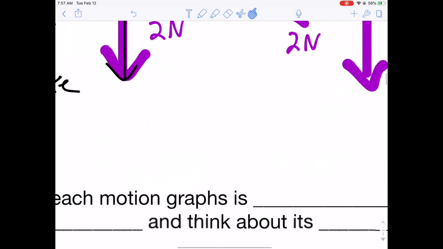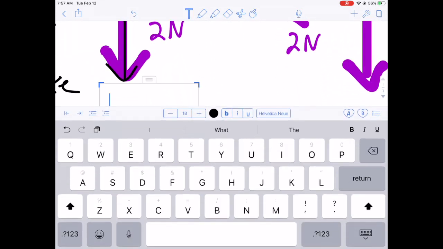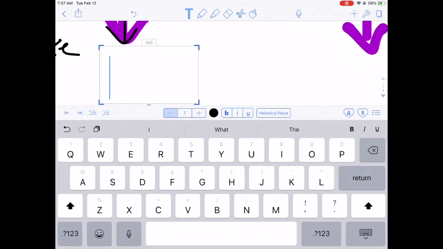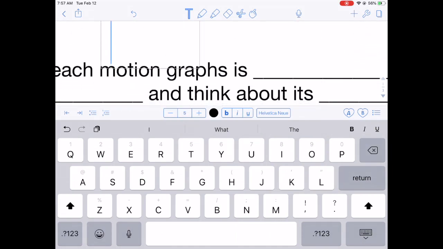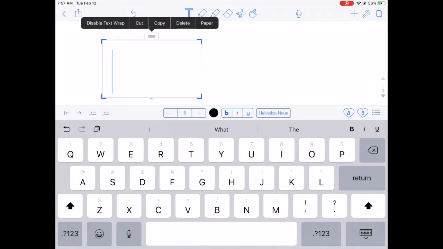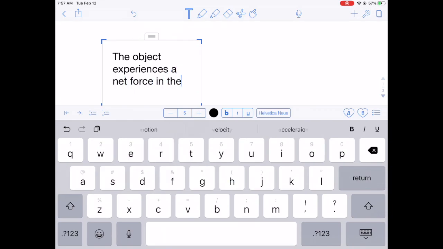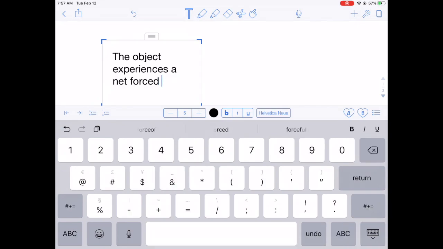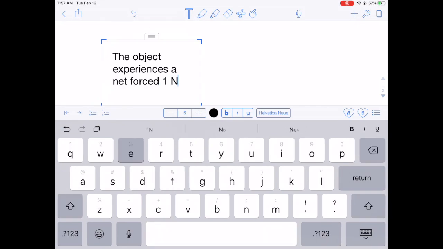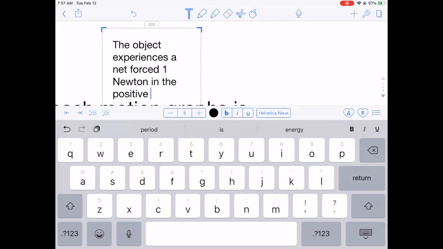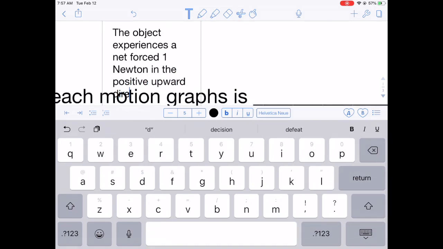So you could say something like, the object experiences a net force of 1 newton in the positive upward direction.